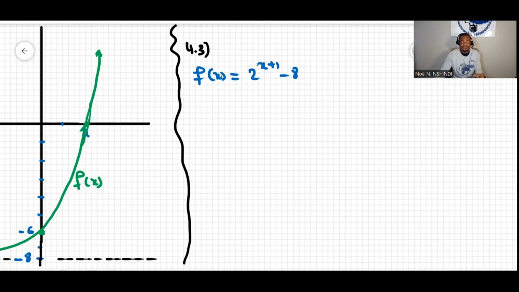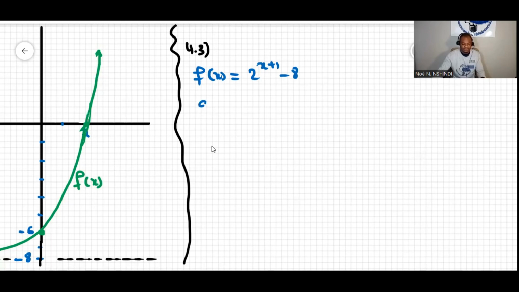If I need to reflect this same function on the y-axis, I must change the sign of x over here. I'm going to put a negative sign there. The negative will be the reflection on the y-axis.